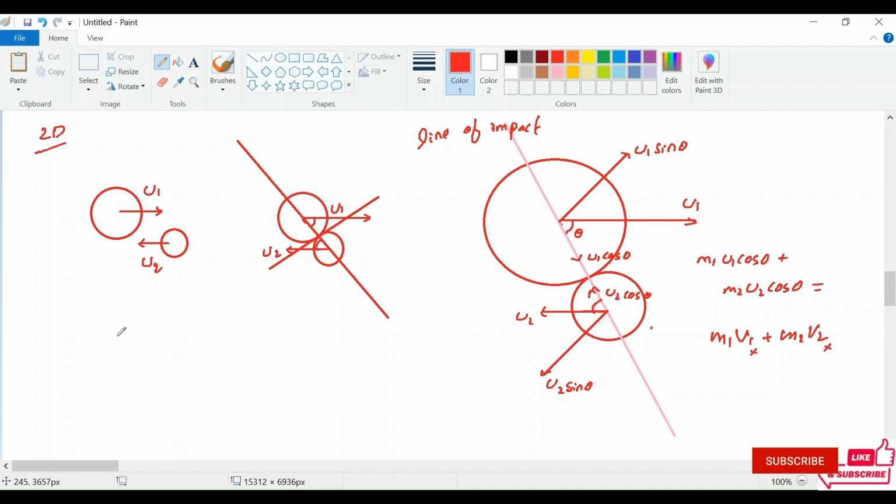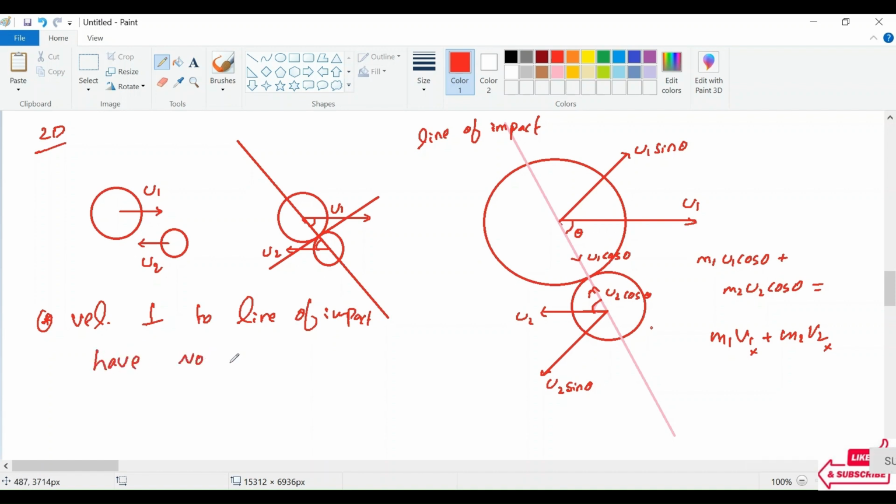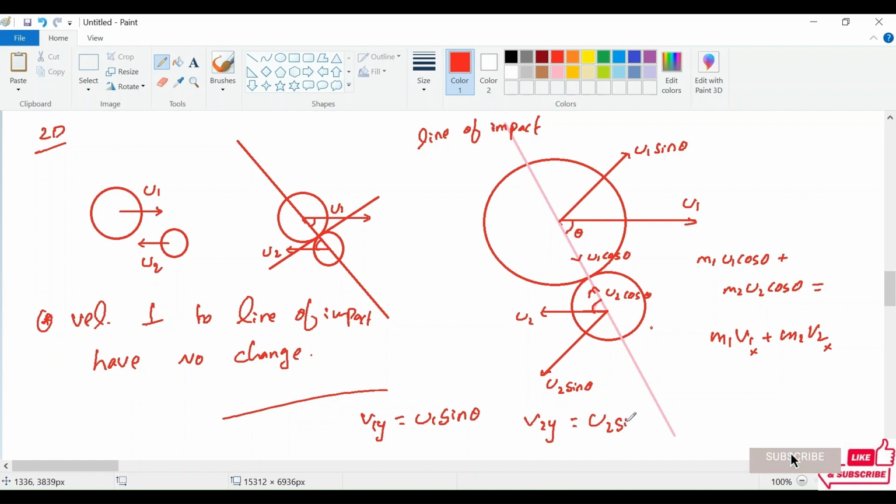So what is the takeaway point? Velocities perpendicular to the line of impact have no change, they will be as they are. So v1 y is u1 sin theta, v2 y is u2 sin theta. You have to find out v1 x and v2 x here. You can get that.